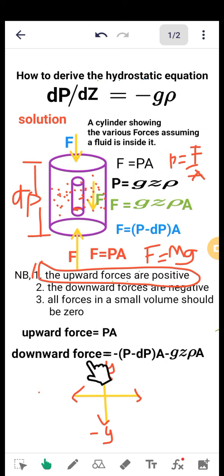Then my downward forces are the blue force and the one due to the fluid. Okay, so I think it makes sense. The downward forces are negative, so we are going to get negative P minus dP times A, minus the gravity times the z times the rho times the area.